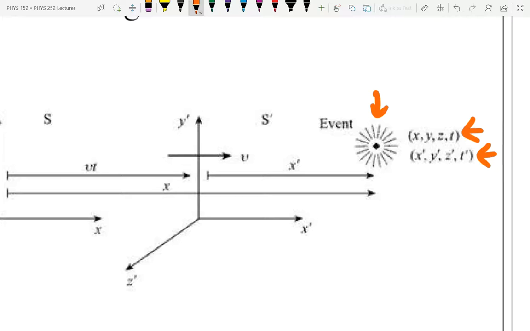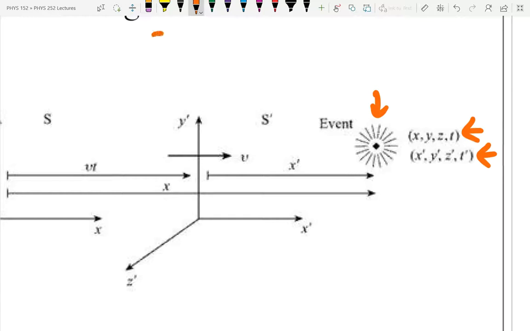Now, one of the first things we do is we simplify life by saying, let's work one-dimensional. That is, in space, we're going to have the velocity parallel to the x-axis. We do that just so we don't have to worry about the three-dimensional velocity. We just assign the x direction as the direction of the relative velocities of the two reference frames.